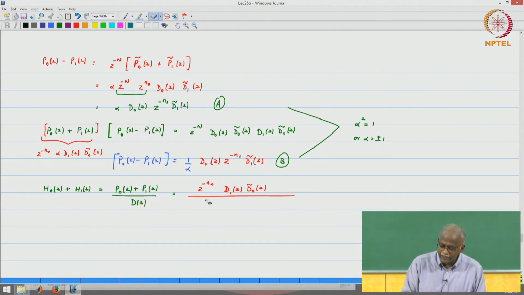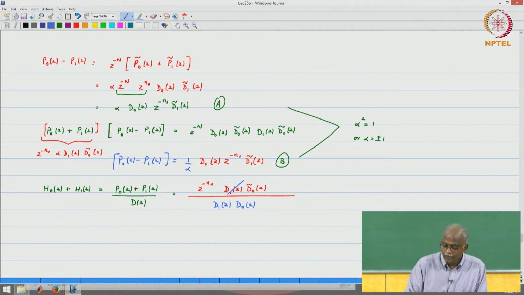So, d of z can be written as d1 of z into d naught of z, that is the denominator.